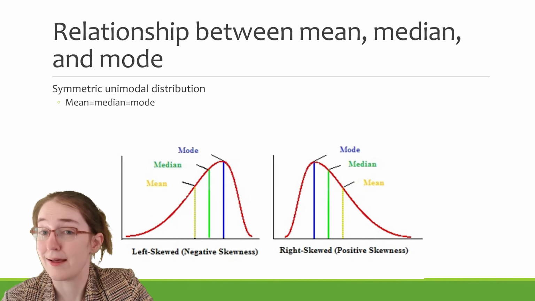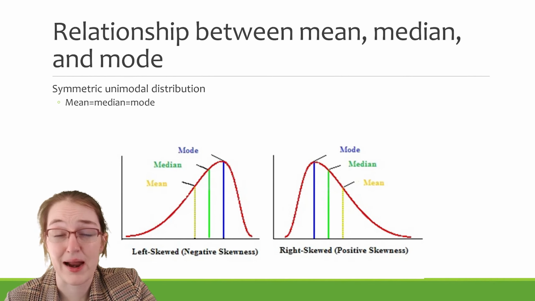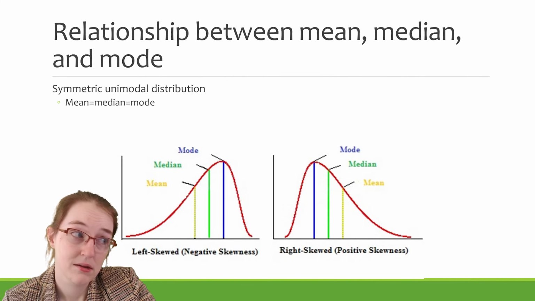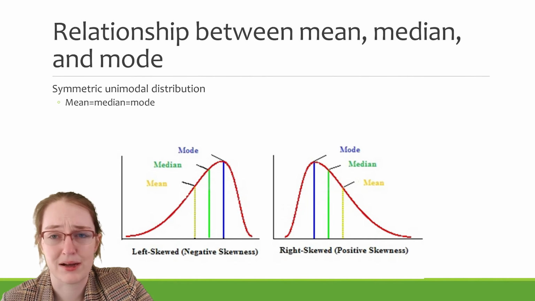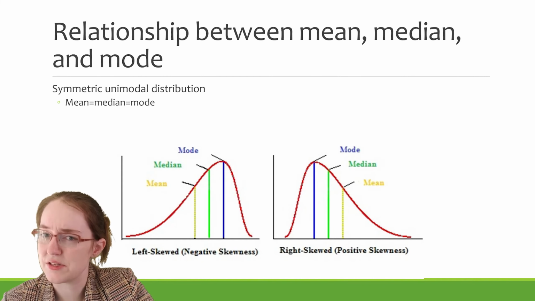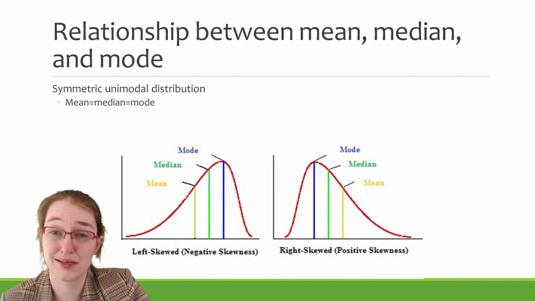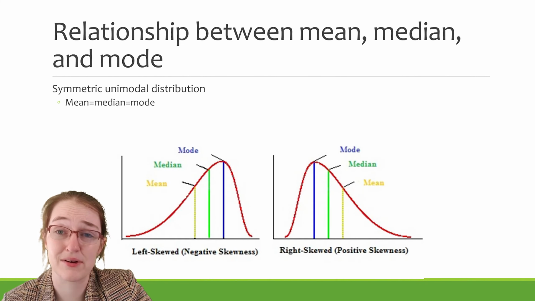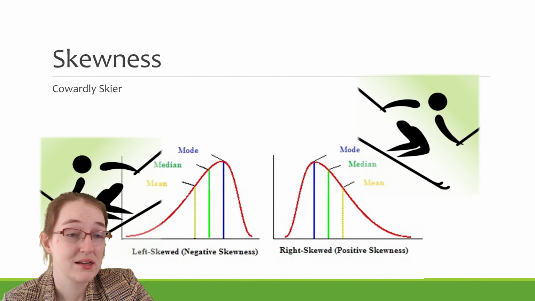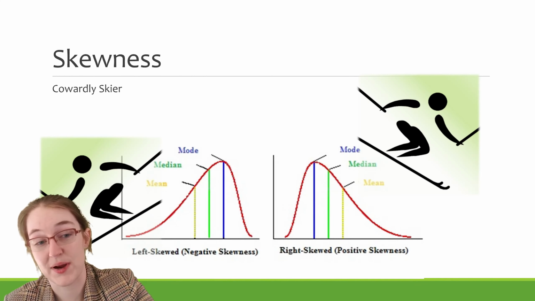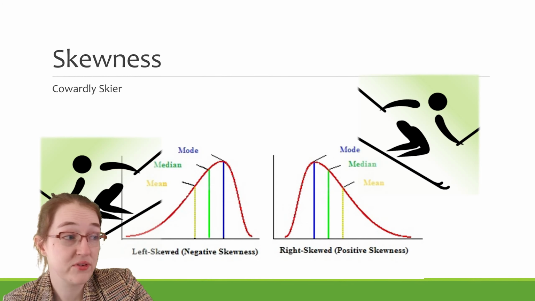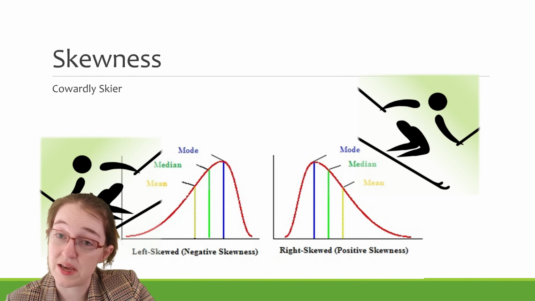Now, how are you supposed to remember that? I find it very challenging because right skewed, left skewed, positive skew, all that, it's not intuitive to me. So here's the cutesy thing, and I kid you not, this is how I think about it: the cowardly skier. Whichever direction the cowardly skier would go is how you name the skew.